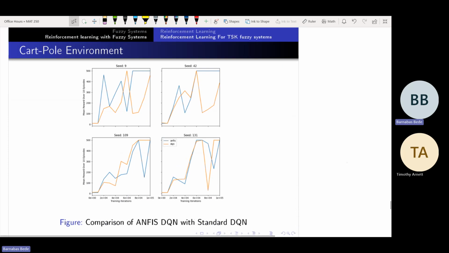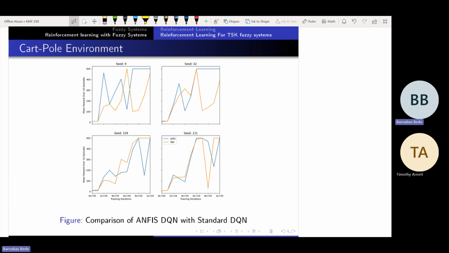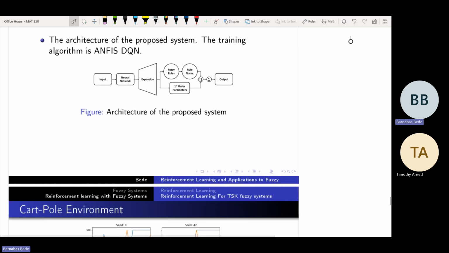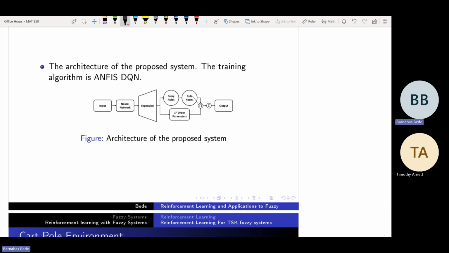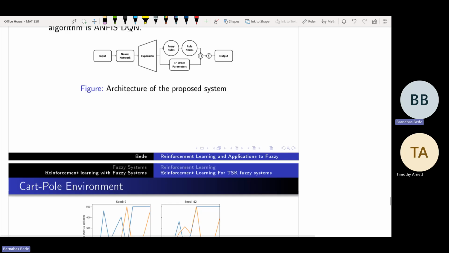Here's a comparison of ANFIS DQN versus standard DQN. We made sure to have the same number of trainable parameters, and all the other parts of the networks were the same, except one of them had an ANFIS tail, and the other didn't, but had just a normal reinforcement learning output with a similar number of parameters.